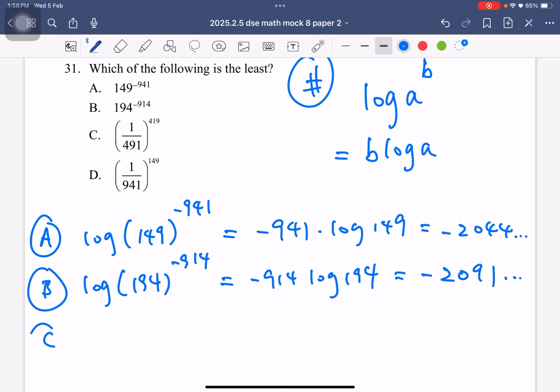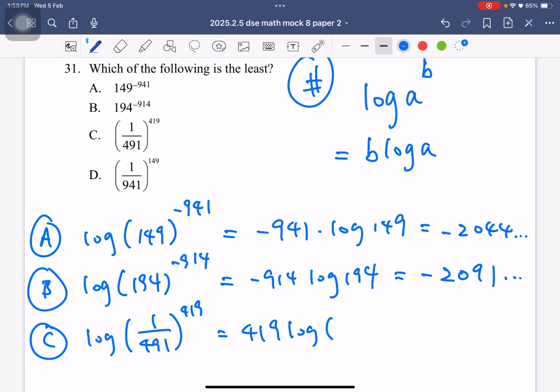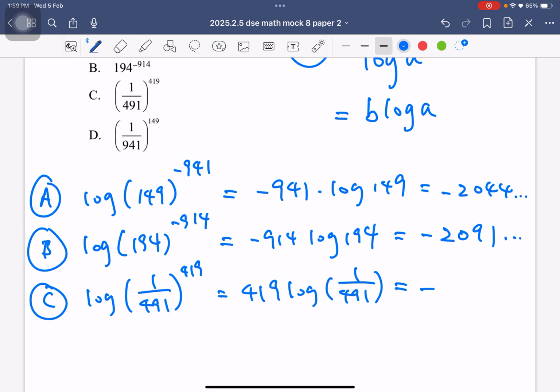So part C, you press log 1 divided by 491 to the power of 419. You can bring down the power, so it's going to be 419 log 1 over 491. This is giving you negative 1127.